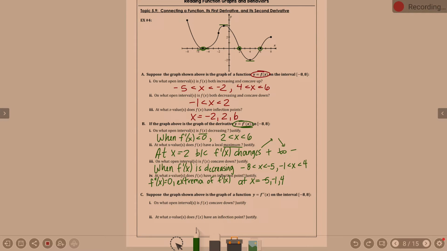So you would also have to make sure that the second derivative changes sign. We could get specific and say, okay, at -5, it changes from negative to positive. At -1, it changes from positive to negative. I'm just getting the ideas here. Okay, you got it? That's going to change up the graph again.